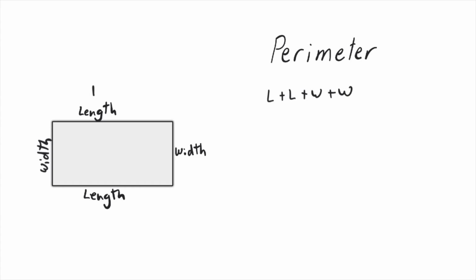You take 10 meters and 2 meters. If you say 10 plus 10 plus 2 plus 2, you'll get your 24 meters, which is the perimeter. But again, we're kind of looking at maybe shortcutting a little bit. If this formula works for you, then that's great, but we're going to try something new.